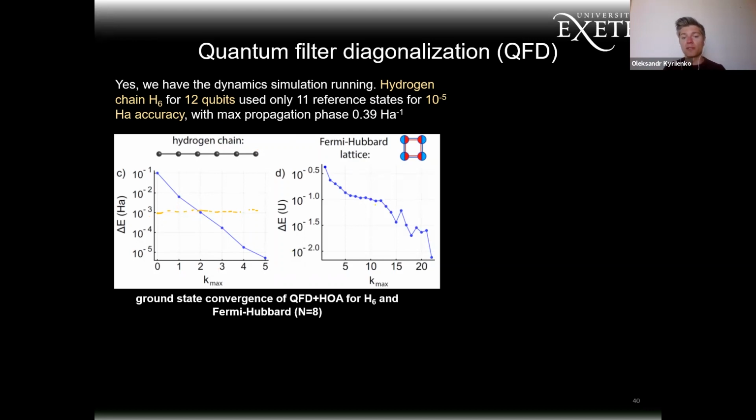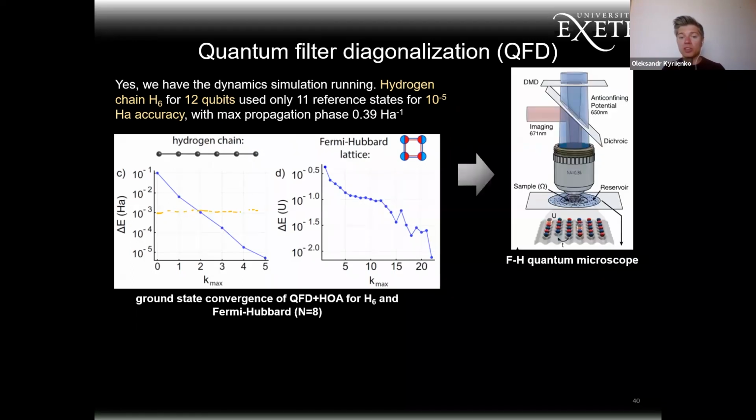We also studied a Fermi-Hubbard lattice, 4 sites, so 8 qubits, and we also saw nice convergence of energy. So if we took this Fermi-Hubbard lattice example, we would say that there is a setup that can give you dynamics.